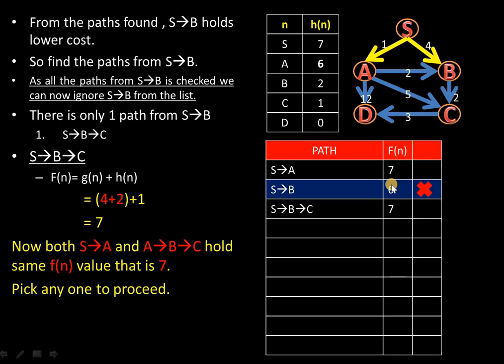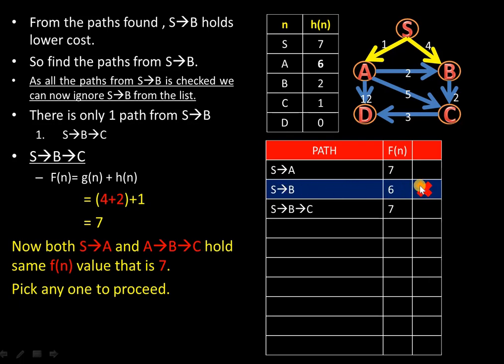So, to track it more easily without struggle, I'm using a single table here and I'm representing how it is being done. So at first we have found the paths s to a and s to b, and the f of n values were 7 and 6, and from this we have selected s to b.